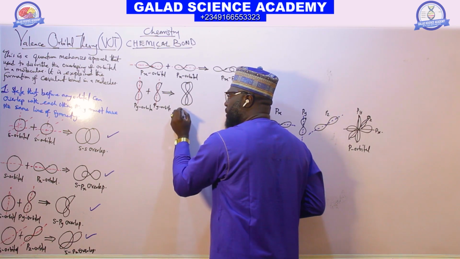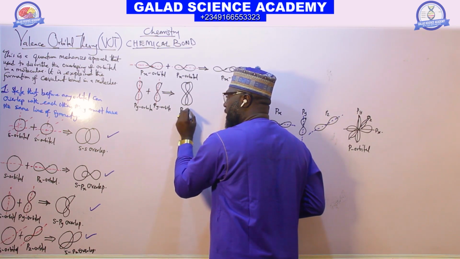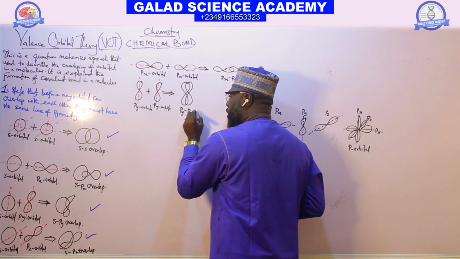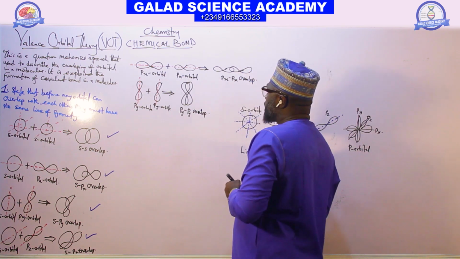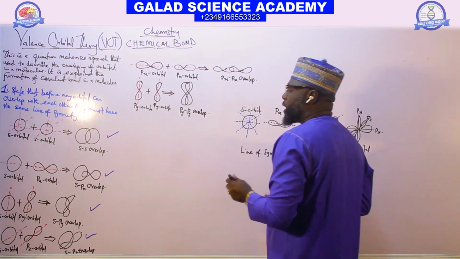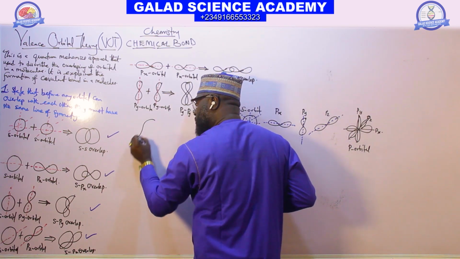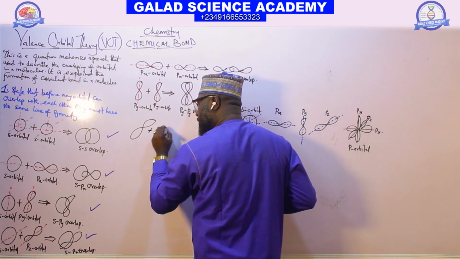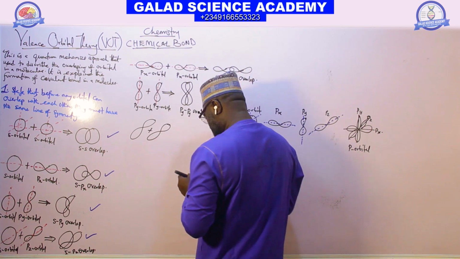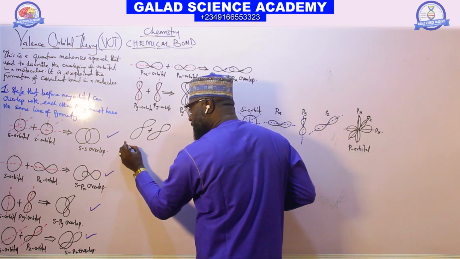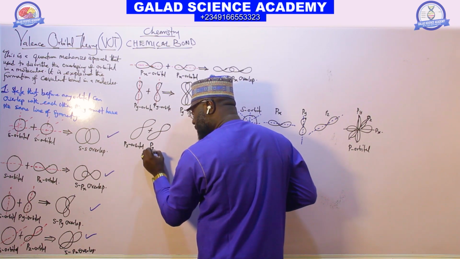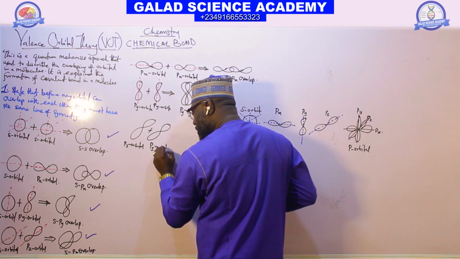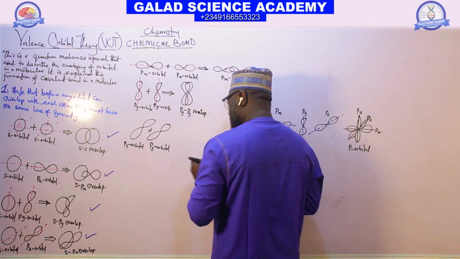This kind of overlapping, we call it Py-Py overlapping, is also possible. And the last one, you can have Pz with Pz. This is the Pz orbital, and we have another Pz orbital.